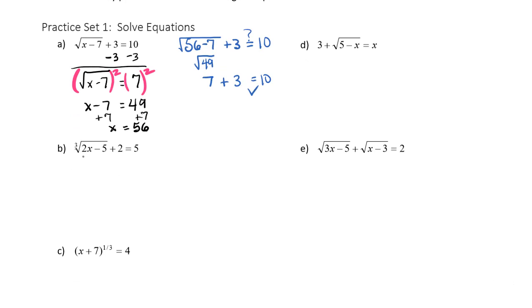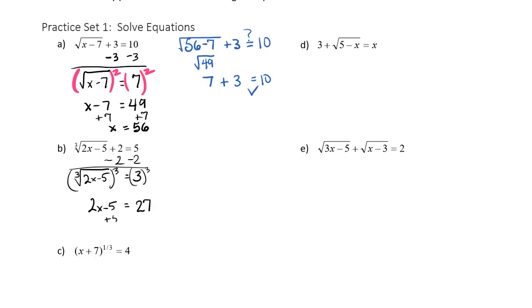We have the cube root of 2x minus 5 plus 2 equals 5. We're going to subtract 2 from both sides. That gives me the cube root of 2x minus 5 is equal to 3. Now to undo the cube root, I'm going to cube both sides, or raise both sides to the third power. This gives me 2x minus 5 is equal to 27.